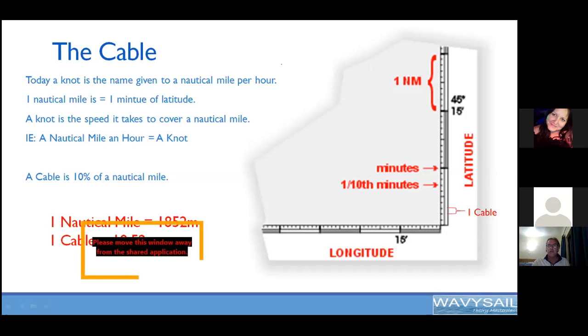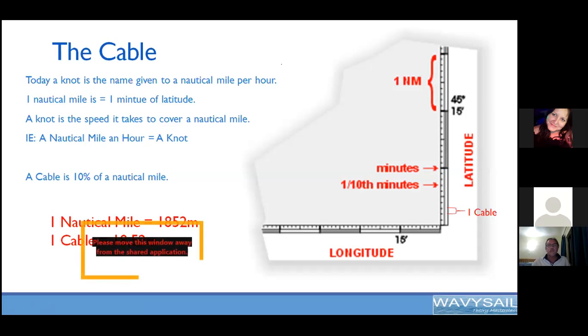So 1/10 of a nautical mile is a cable. So each one of these makes up 1 cable. 10 cables makes up a nautical mile. So a cable is 185.2 meters, because obviously a mile is 1,852 meters.